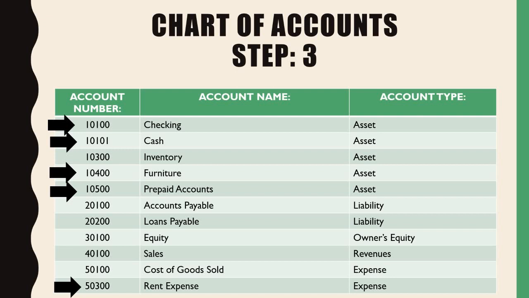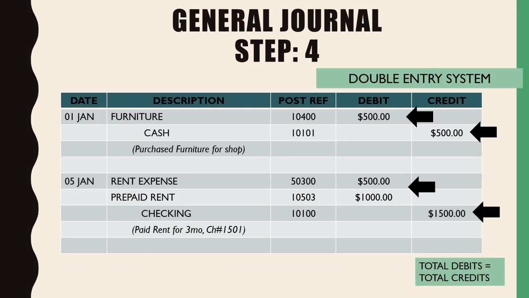So you might be using the account number more often than you would refer to the actual account itself, but that's okay, as long as you have your chart of accounts, you're able to make a reference at any given time.